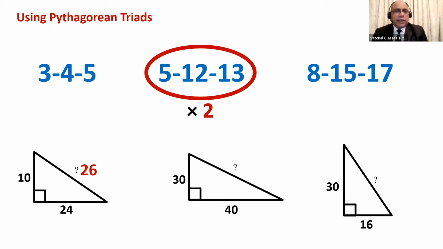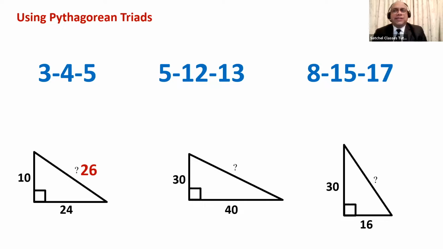So just a reminder, I had asked you to remember these triads very well, right? You need to know these basic triads in order to find the missing sides of a right angle triangle using the method of Pythagorean triads. So the basic triads are 3, 4, 5, 5, 12, 13, and 8, 15, 17.